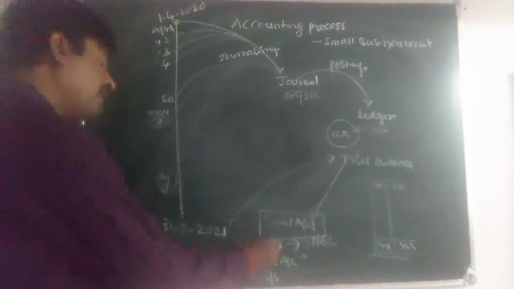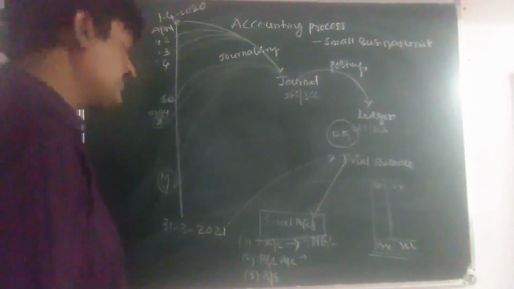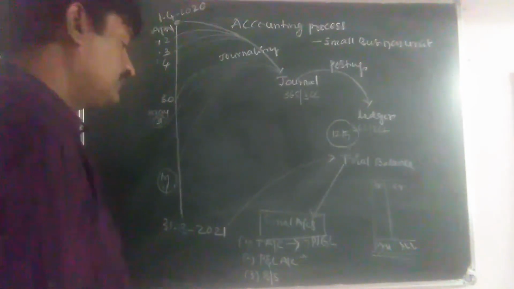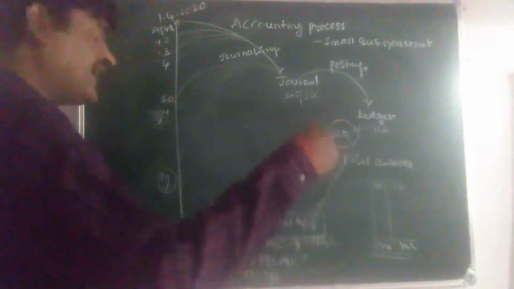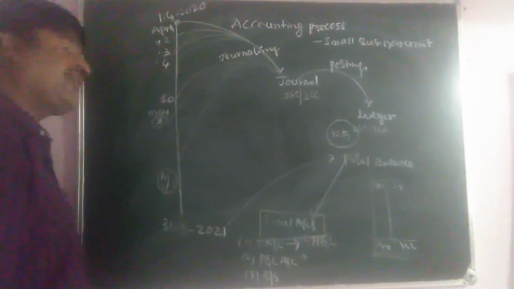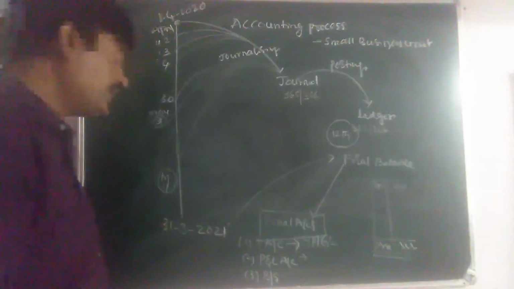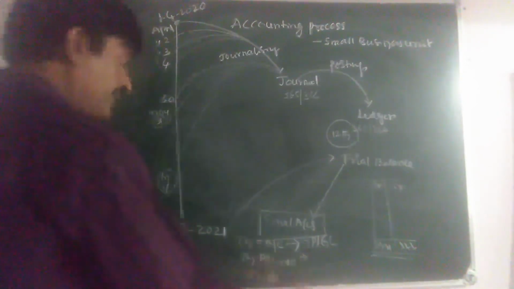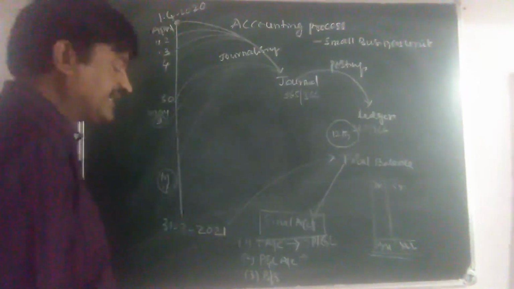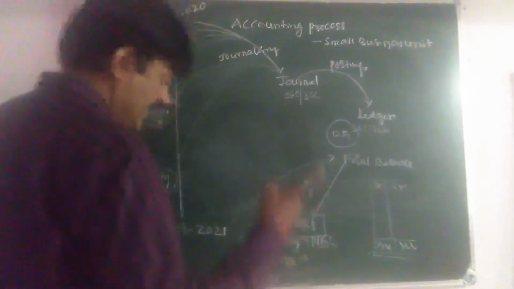What is gross profit? In simple terms, before reduction of expenses, whatever profit is obtained is called gross profit. After deduction of expenses, after adding the income, we are going to ascertain the net profit or net loss of the business. The net profit or net loss of the business is ascertained by preparing one account.